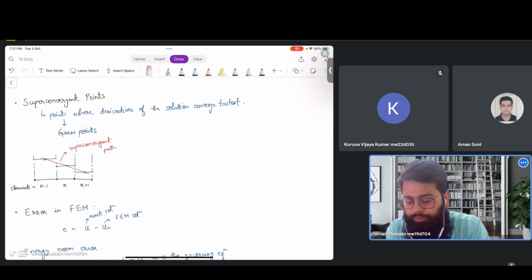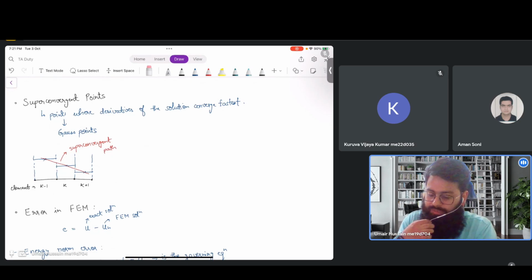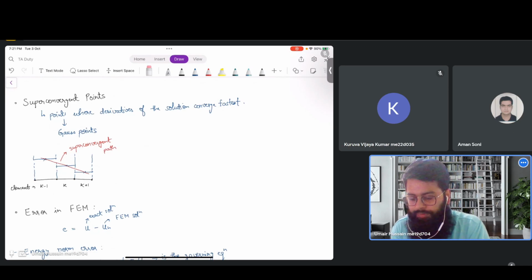To deal with that discontinuous behavior, we find the super convergent points for the derivatives, and we join those points to make a continuous function, sort of. So that's the use of super convergent points.